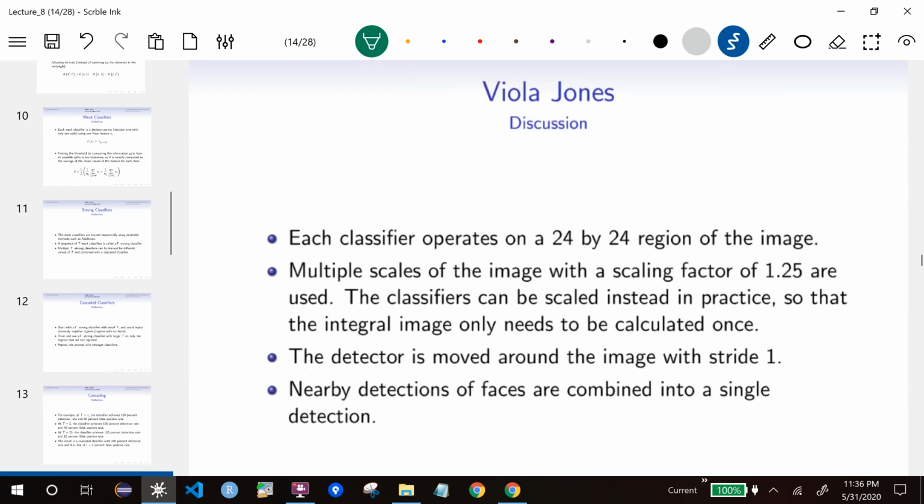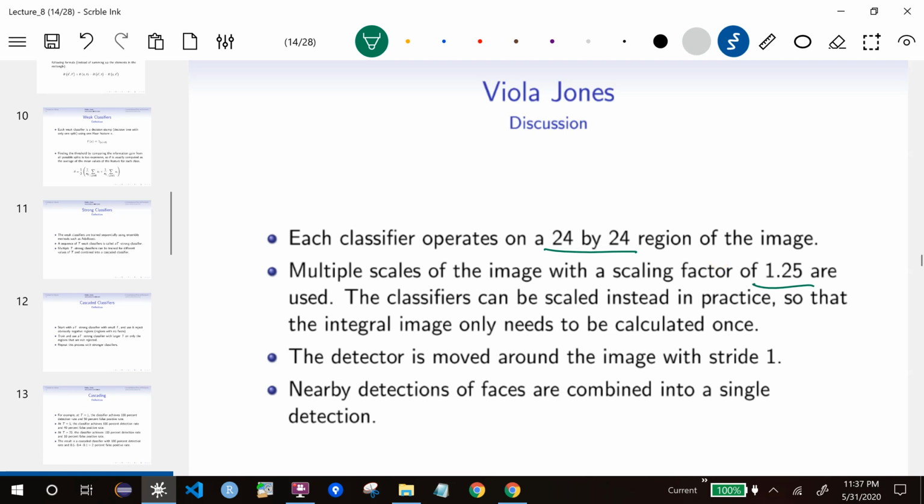So combining what we said so far, this algorithm is called Viola-Jones. And of course, like all the other computer vision algorithms, we are going to use some very specific parameters that we don't know where they came from. Well, they came from experiments on actual images, and it seems like a 24 by 24 region works well, and a factor of 1.25 works well.